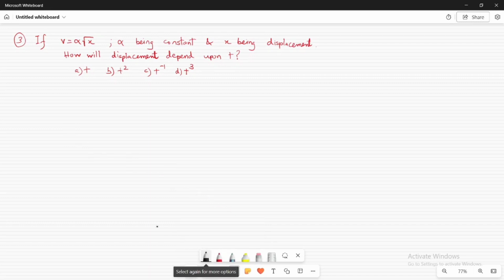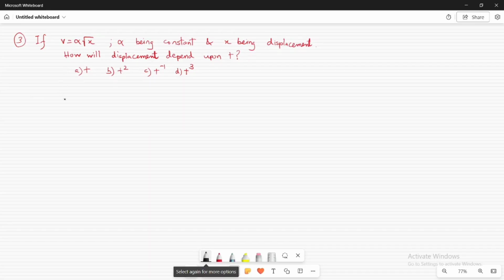If velocity v equals alpha square root of x, where alpha is a constant and x is the displacement, how will displacement depend upon t? As per this question, v is the velocity and alpha root over x is the value of v, whereas x is the displacement.